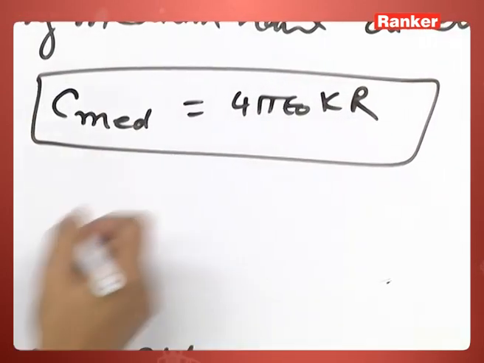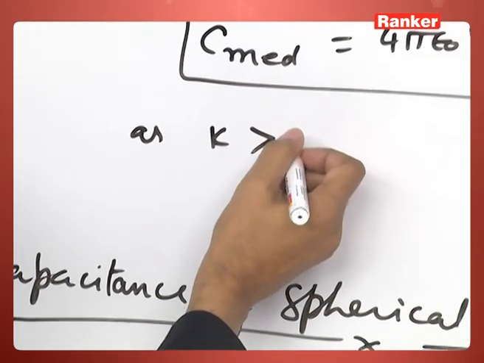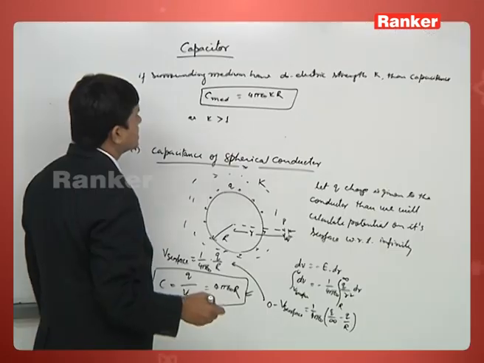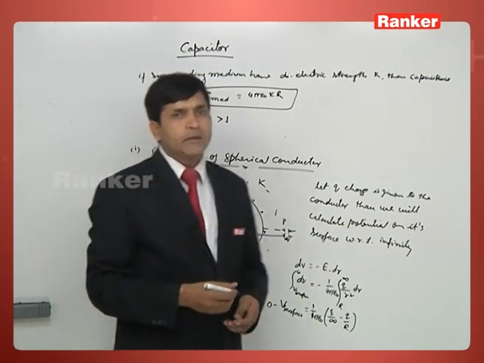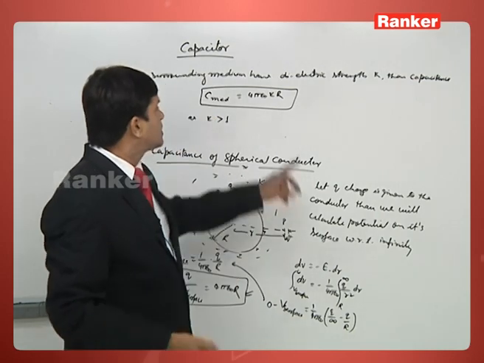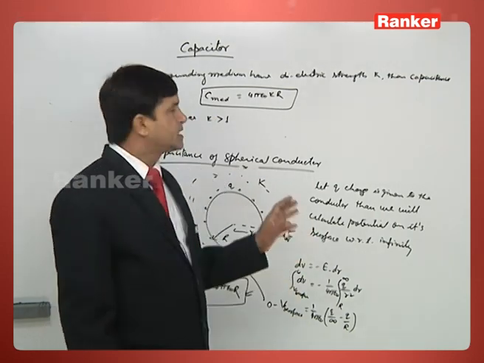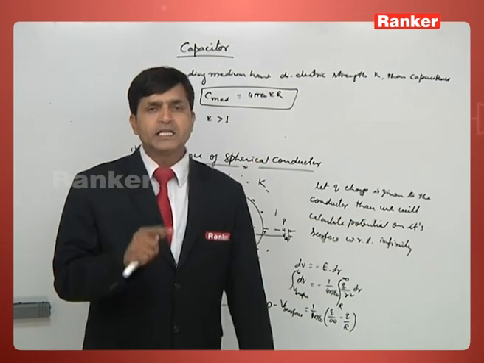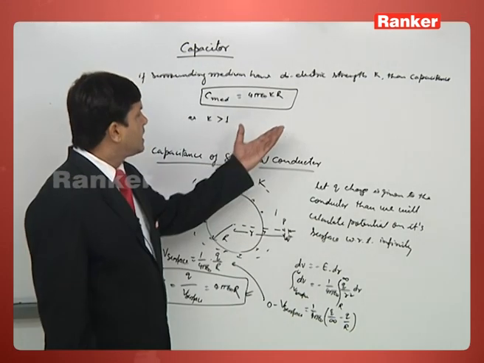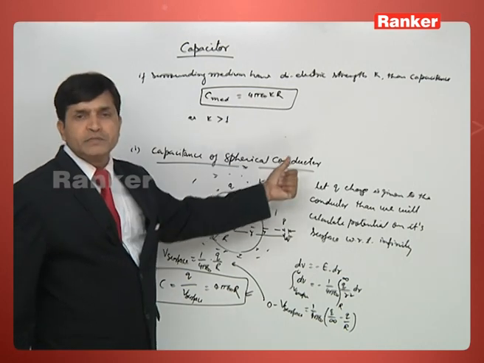From here we observe that as K is greater than 1, the capacitance in a surrounding medium of dielectric constant K is more than the capacitance in vacuum or air, as I suggested previously: capacitance depends on the surrounding medium.